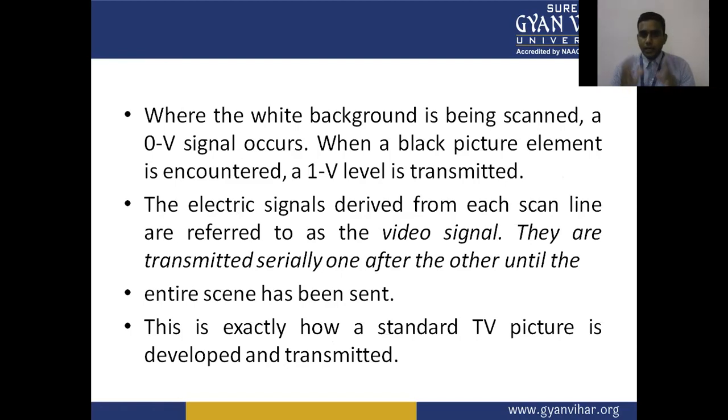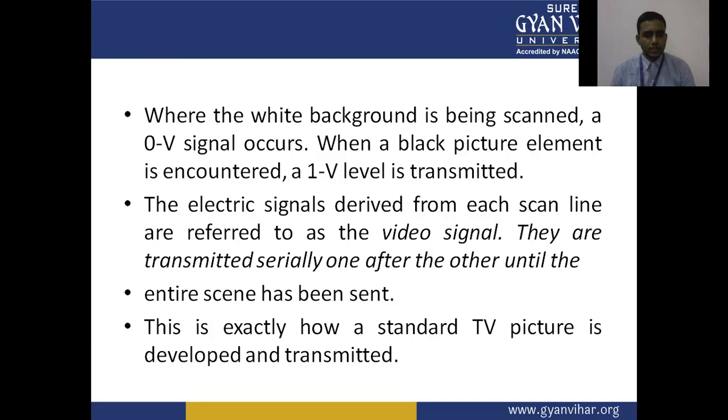Where the white background is being scanned, a 0-volt signal occurs. When a black picture element is encountered, a 1-volt level is transmitted. The electric signal derived from each scan line is referred to as the video signal.